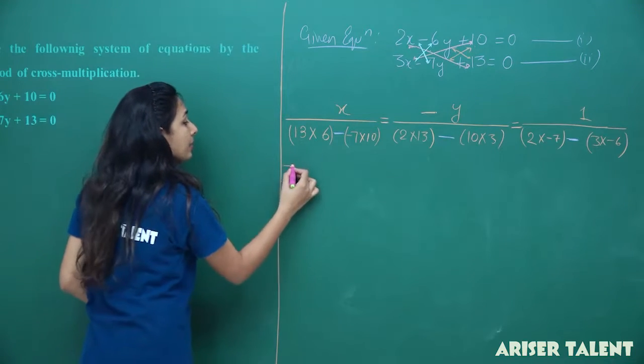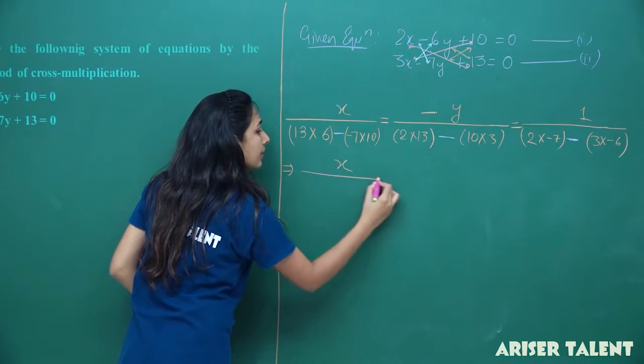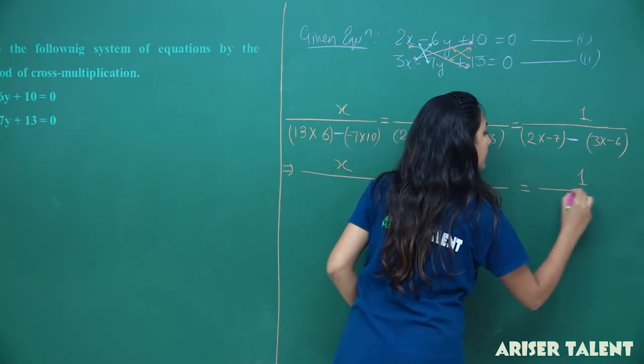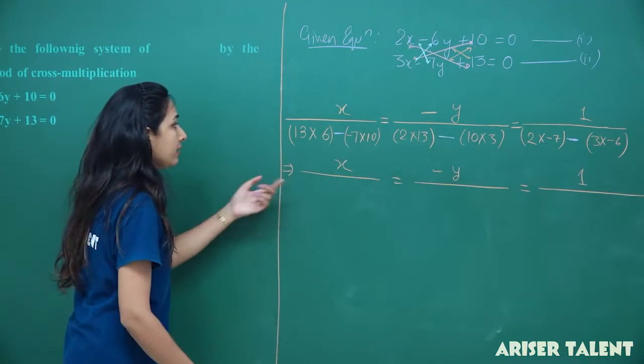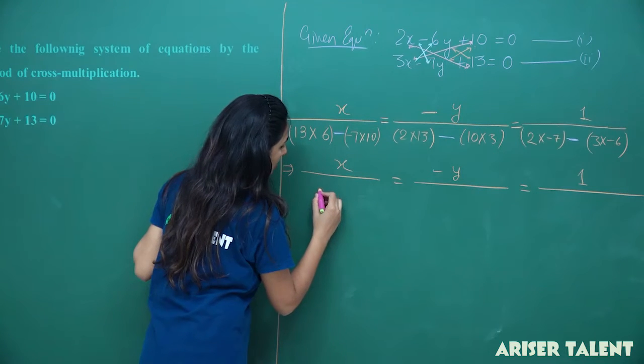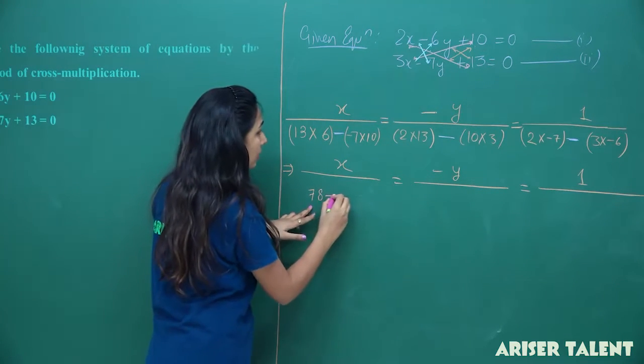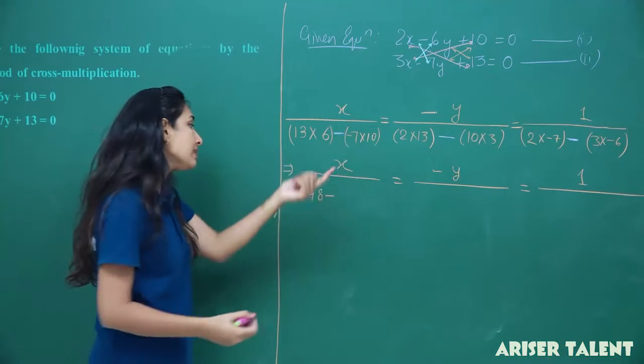Now in the next step, x, minus y, 1. Now x, right, minus of minus 70 is plus 70.